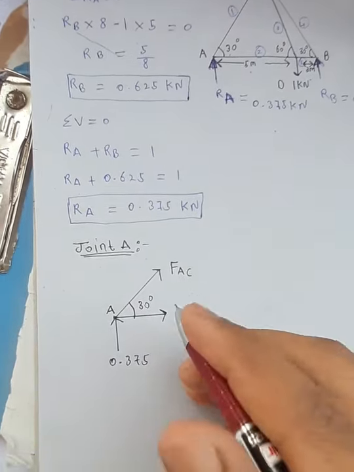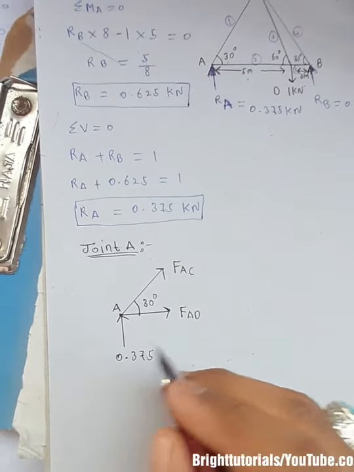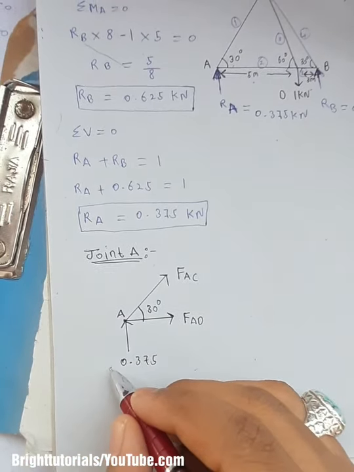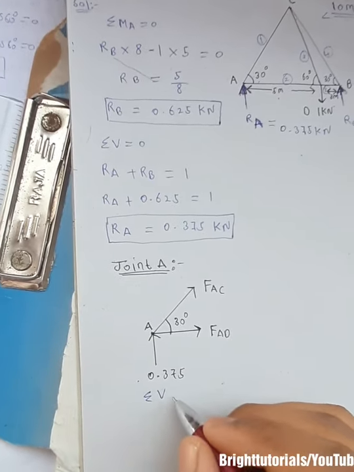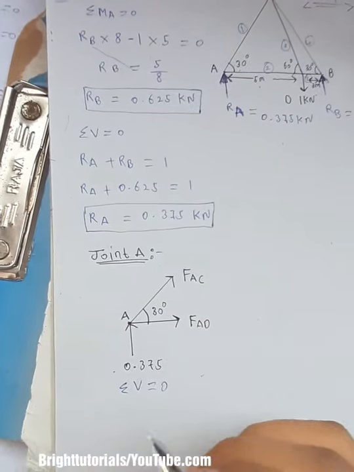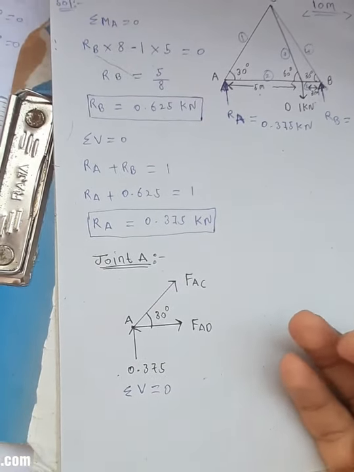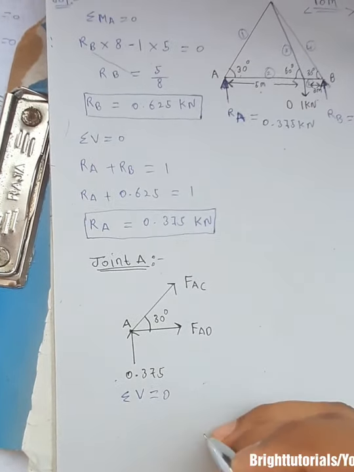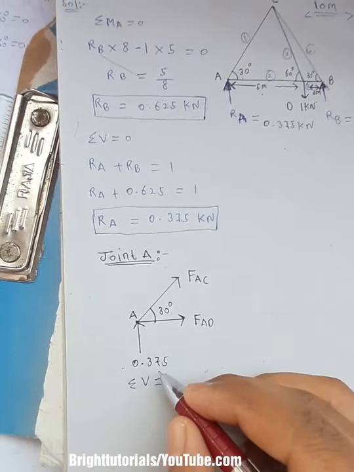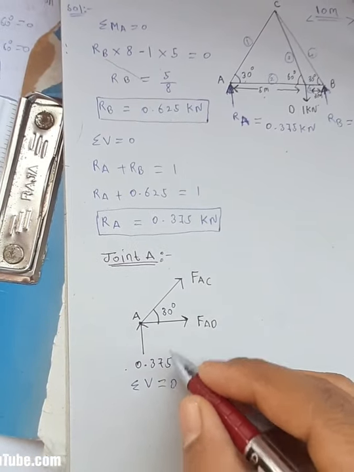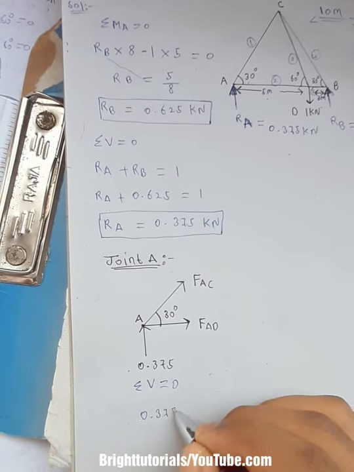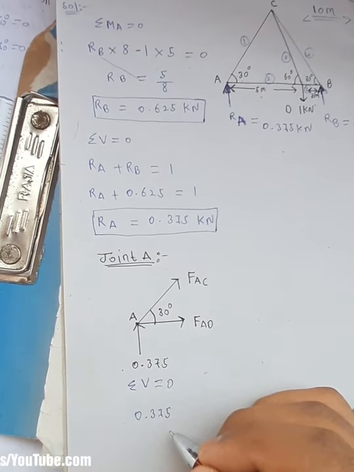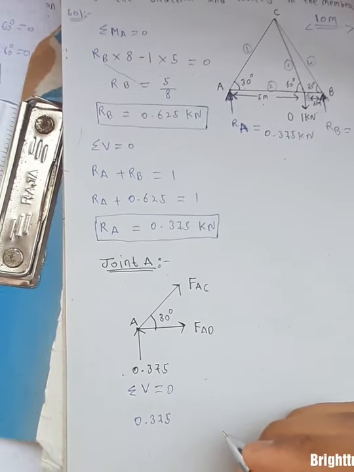For finding FAD and FAC, we do summation of vertical forces equals to 0. What are the vertical forces here? This 0.375 is a vertical force, and it is positive because it is going upward.